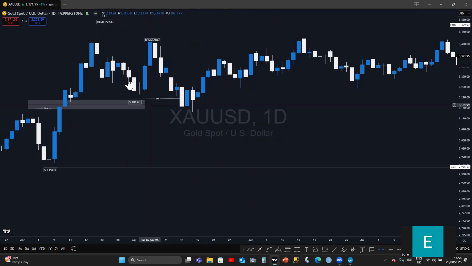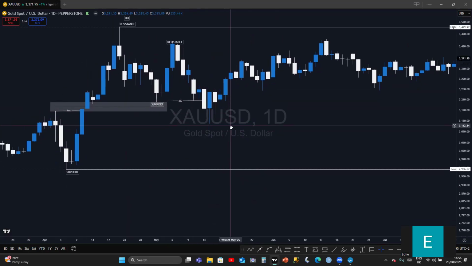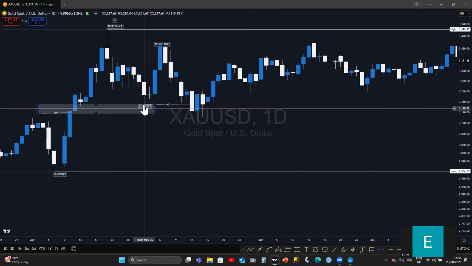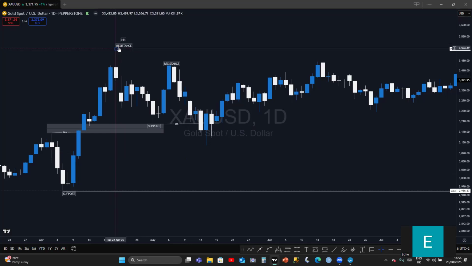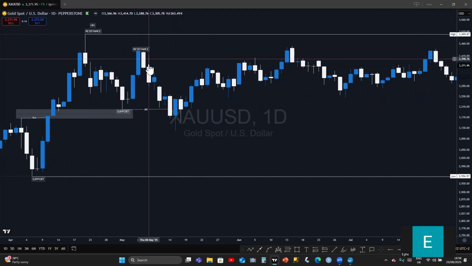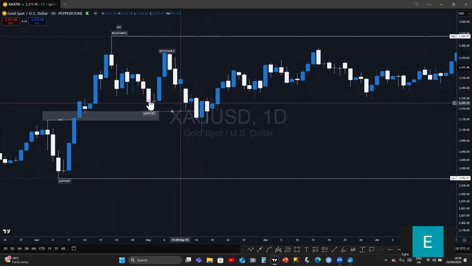So why market shift? Market shift now means that instead of this support level to violate the resistance level, price got here, it stopped. Then what happened? You now see price violating this support level, which is not supposed to be. Price is not supposed to violate this support level.